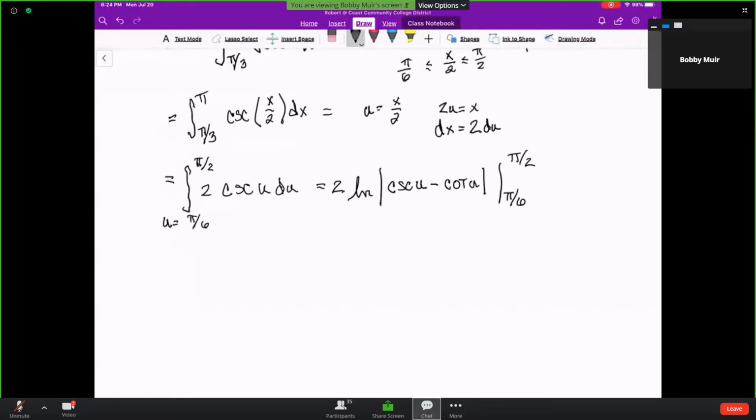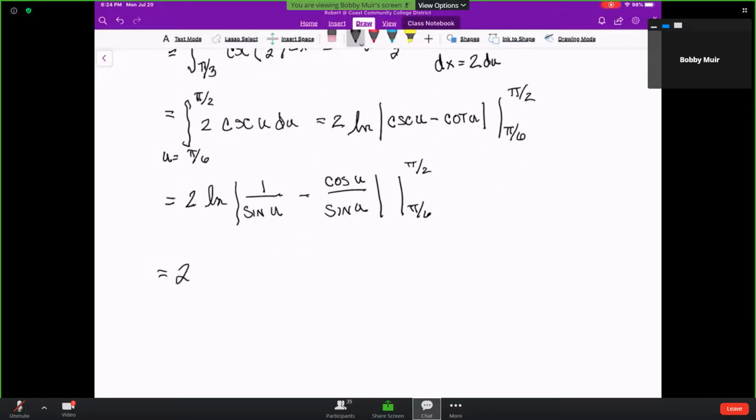Now I'm going to switch everything to sine and cosine because I understand those better. 2 natural log of 1 over the sine of u minus the cosine of u over the sine of u, evaluated at pi over 6, pi over 2.